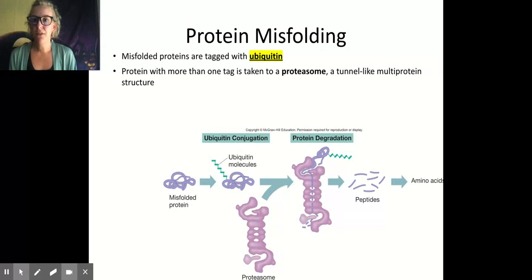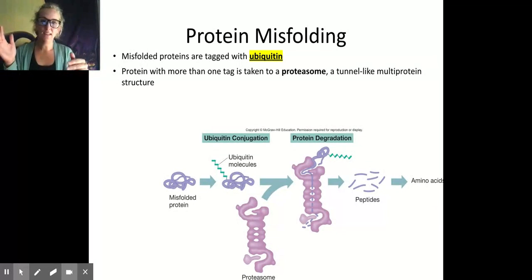If a protein gets several ubiquitin tags, it's going to be taken to a structure called a proteasome. A proteasome is essentially like the waste or recycling center for misfolded proteins. Think of it like a tunnel that the protein can enter. Remember, before it was folded, that protein was a long chain.